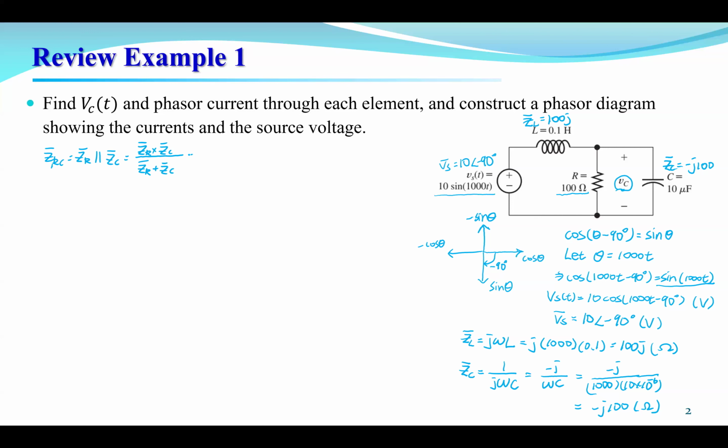Okay, so we can calculate it. So it's 100 multiplied by minus j 100, over 100 minus j 100.